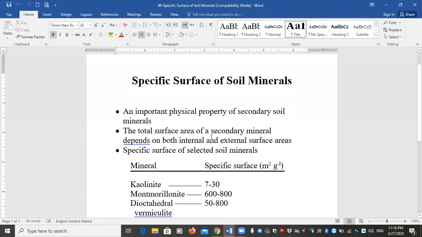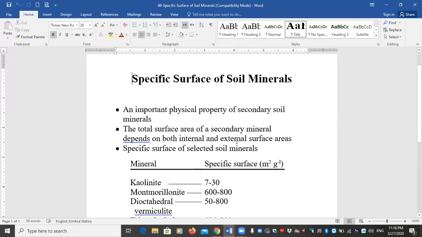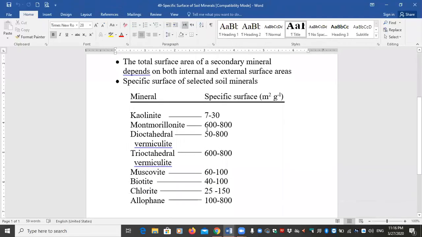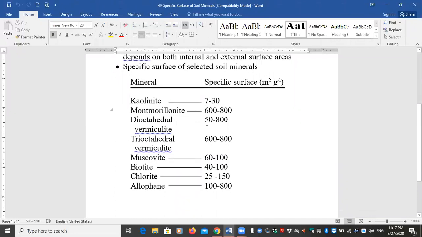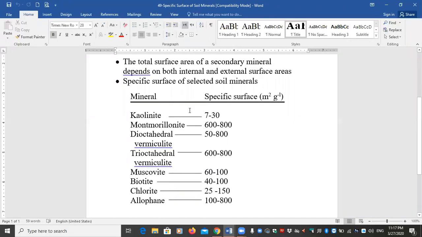So an important physical property of secondary soil minerals, we have known and seen that, the total surface area of a secondary mineral depends on both internal and external surface area. Of course, some minerals, remember, have only external, but there are others like montmorillonite that have both internal and external surface area. In this table, you can see the huge differences.